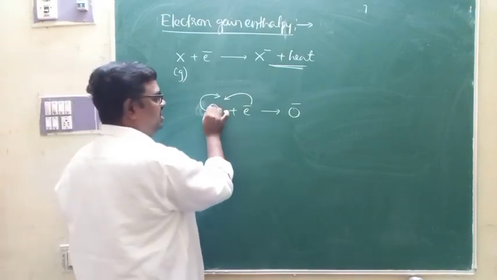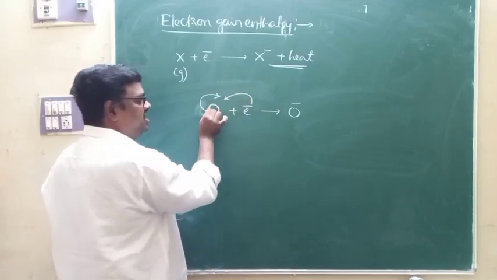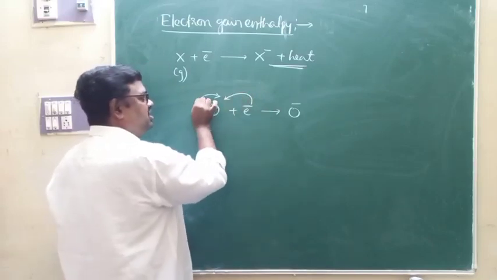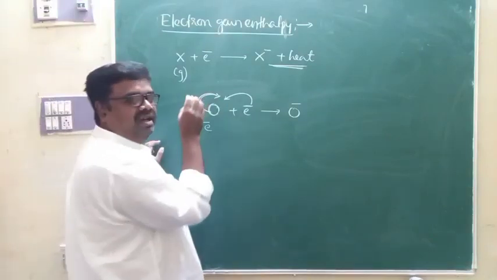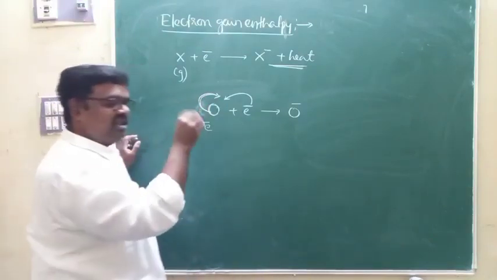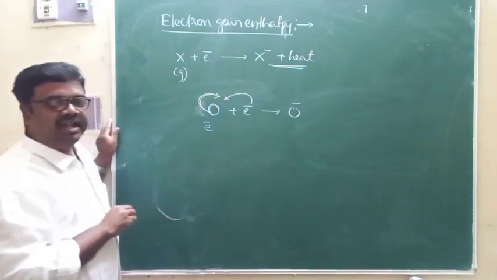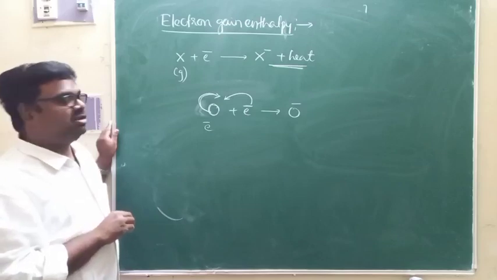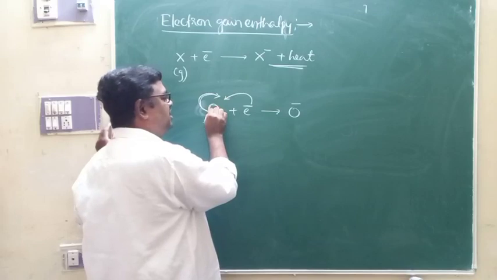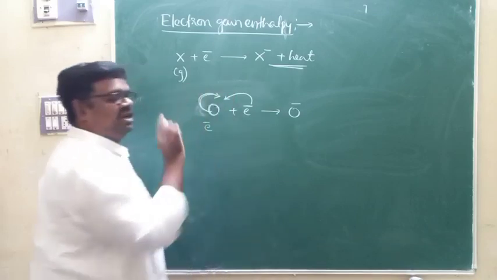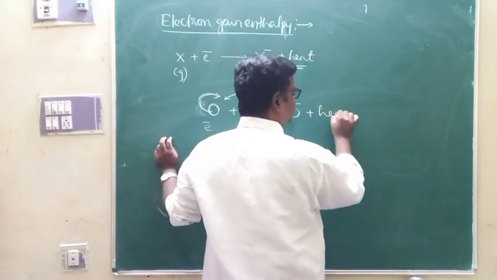The incoming electron doesn't find any space in the oxygen atom. Because of that, this incoming electron experiences repulsion from the electrons already present in oxygen. Therefore, the electron gain enthalpy of oxygen decreases.